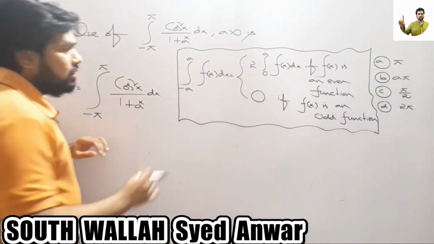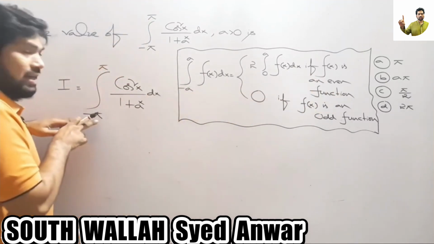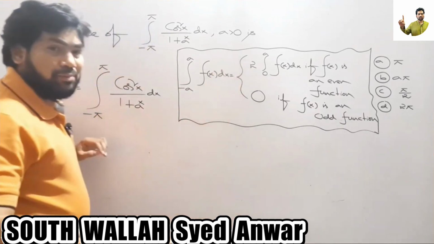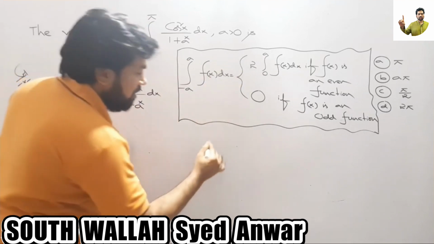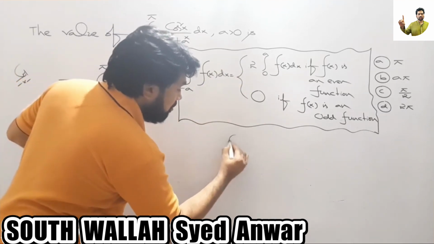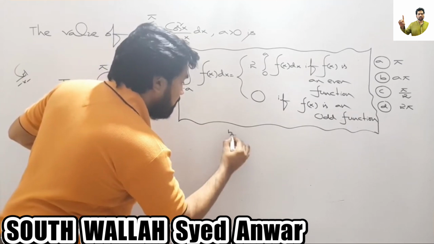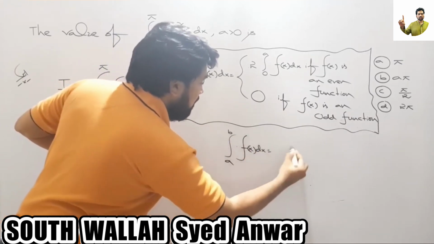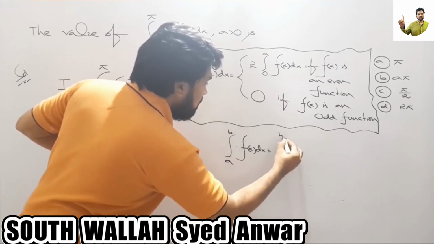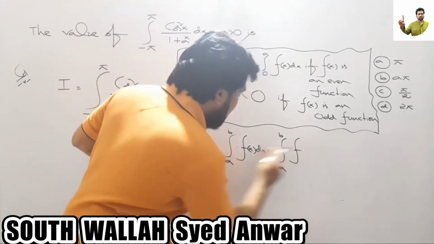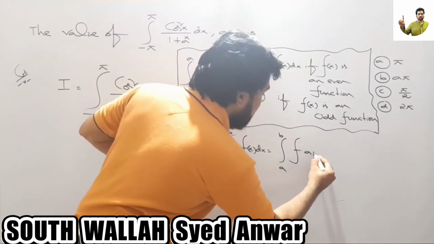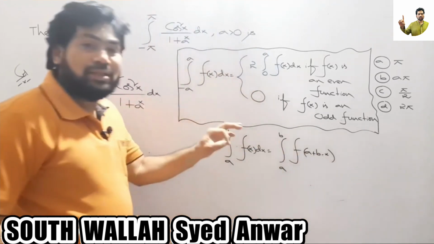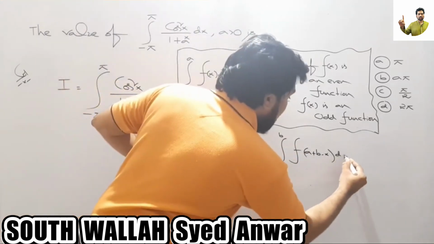Now what do we do? When the limits are of the form minus a to a and this property is not applicable, we have another alternate property: integral from a to b of f of x dx is equal to integral from a to b of f of a plus b minus x, multiplied by dx.